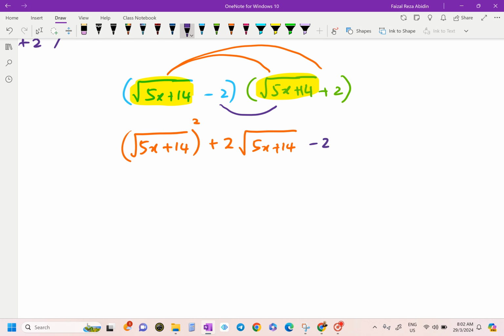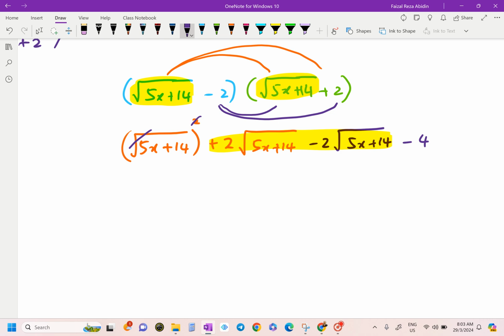You're going to get minus 2 with 5x plus 14. Okay, then negative 2 times 2, you're going to get negative 4. So if you look over here, this one we can simplify, and also we can simplify with square root and square.